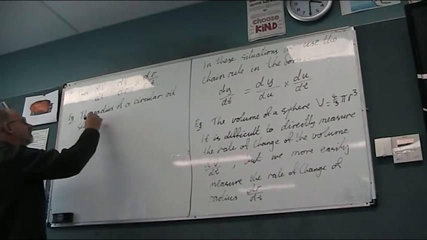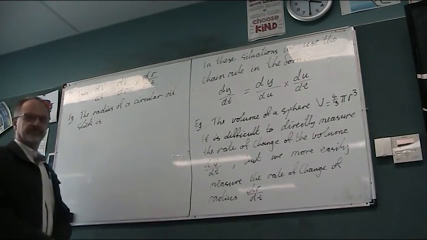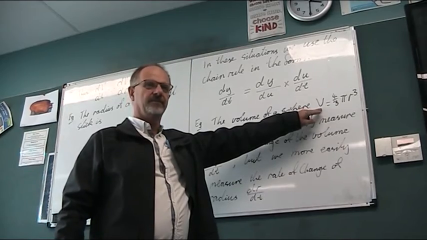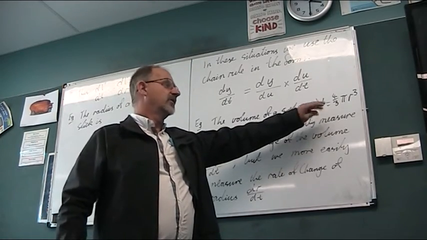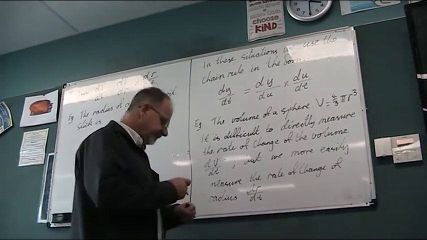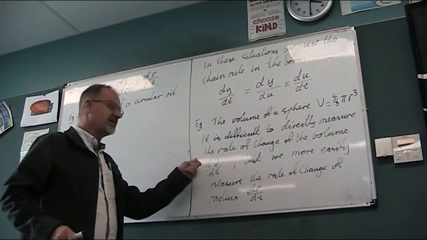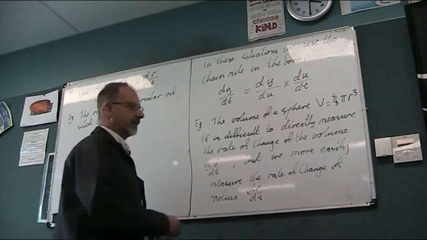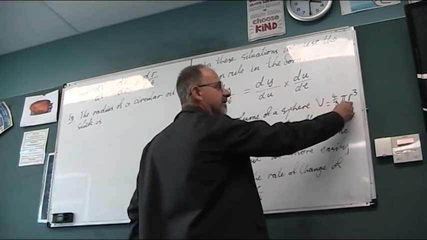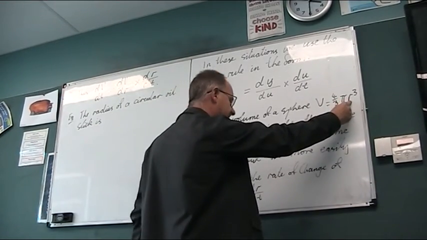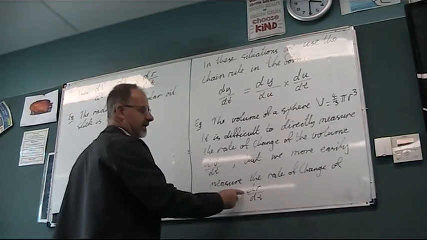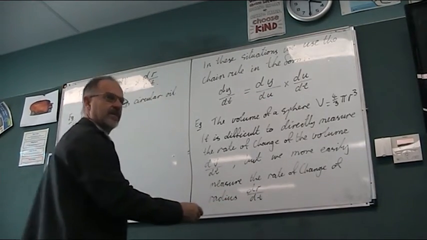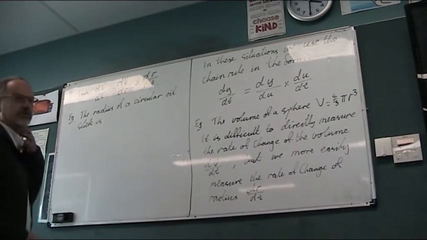Wait, sorry, figuring out the... I want to know how the volume of this sphere changes with time. If I can do something, split it up, and say it's difficult for me to actually measure that directly. But I do know the rate of the volume changing with the radius. And so if I can measure how the radius changes with time, then I can relate those two things together.